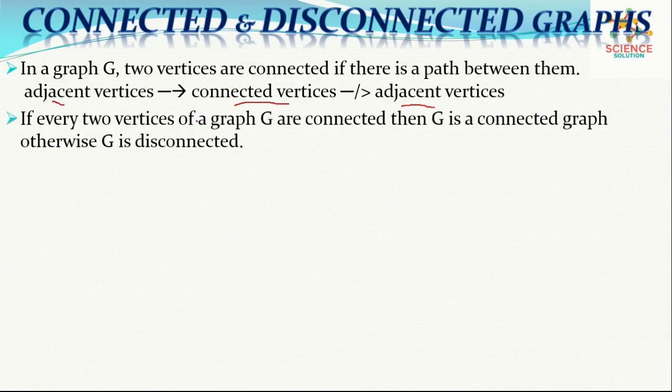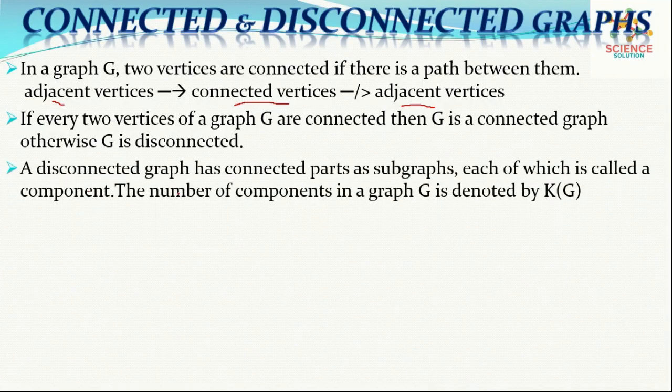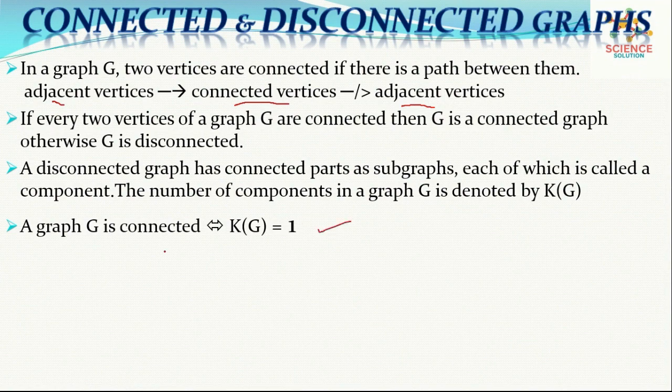If every two vertices of a graph G are connected, then G is a connected graph, otherwise G is disconnected. A disconnected graph has connected parts as subgraphs, each of which is called a component. The number of components in a graph G is denoted by k of G. A graph G is connected if and only if k of G is 1.